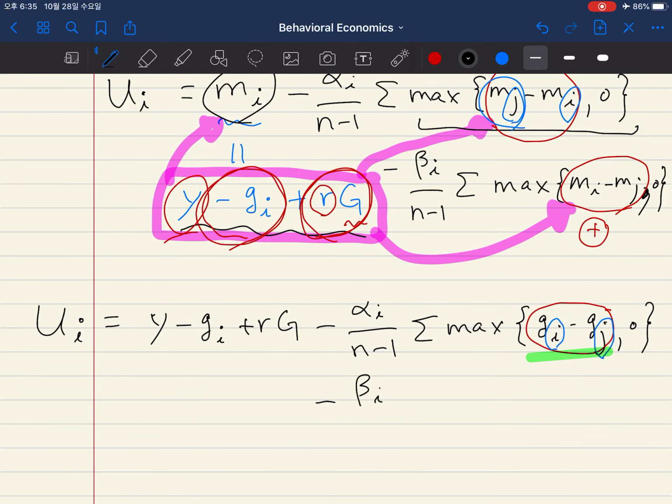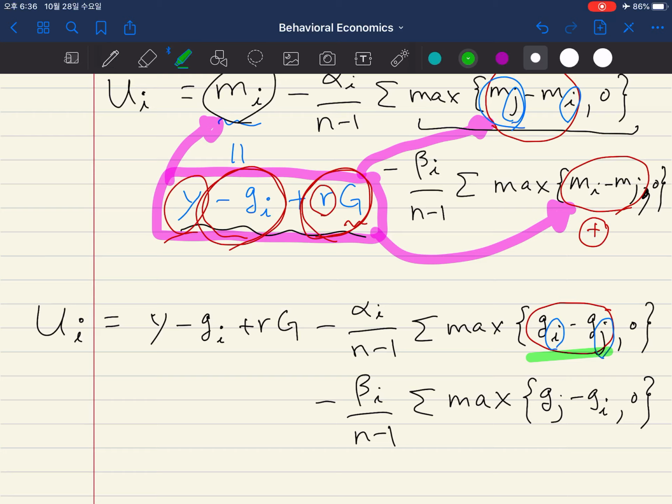Similarly for compassion part, we have difference between gj and gi. So as this blue expression tells us, the source of compassion comes from the difference in expenditure for public good.